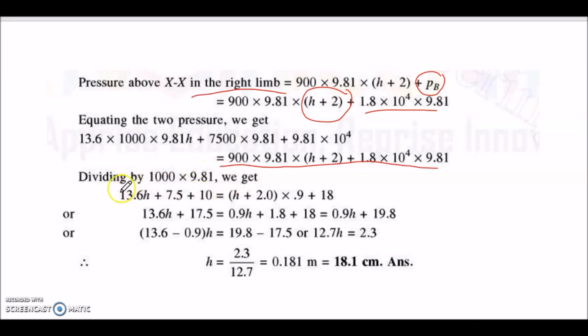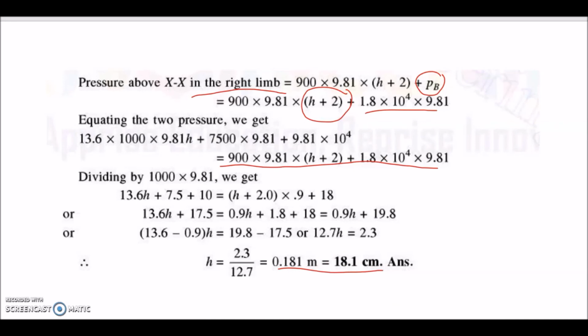We get this one. Why do we do this? We need to simplify these equations. And then this is simplified to find the H. So the H is 0.181 meter, or in cm it is 18.1.